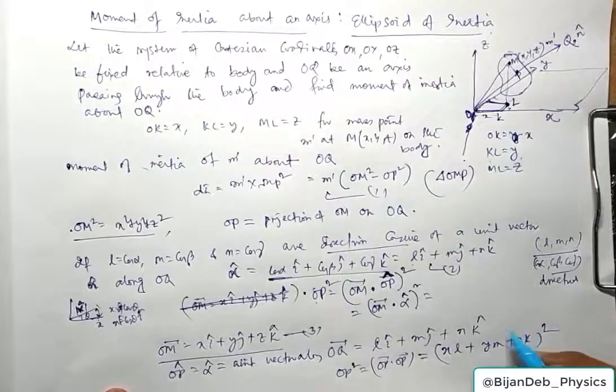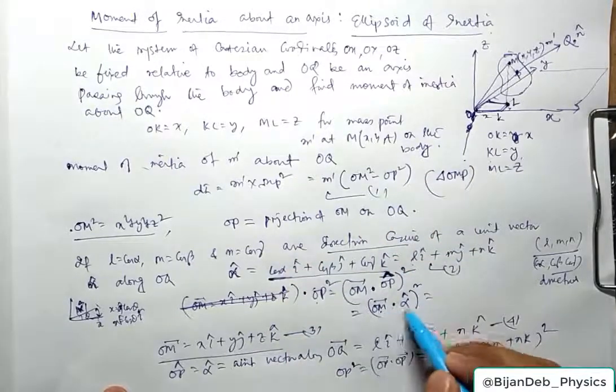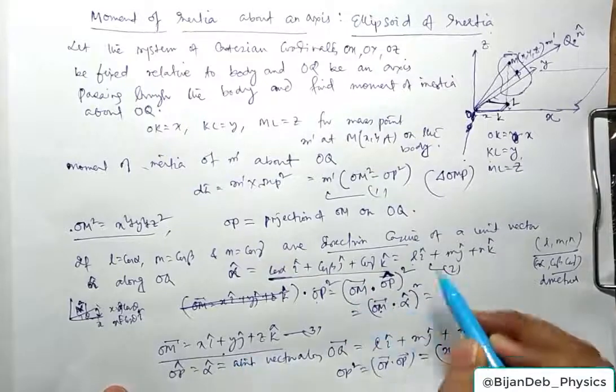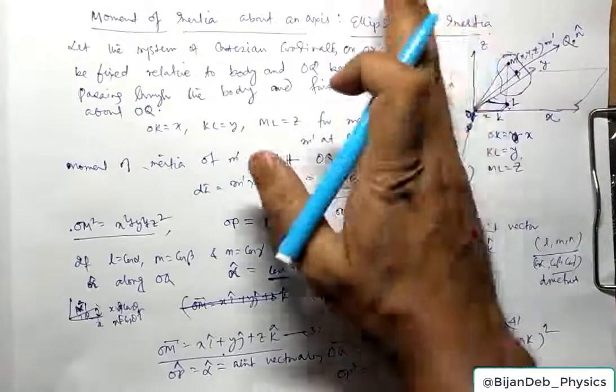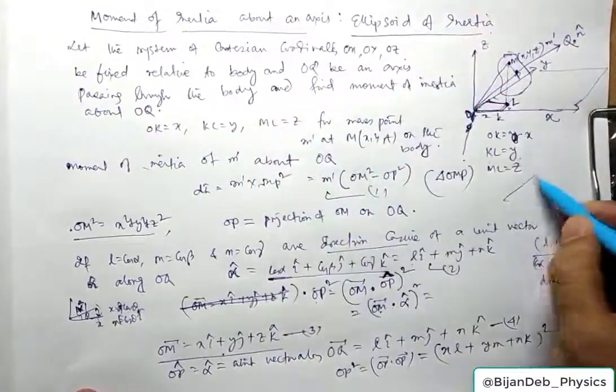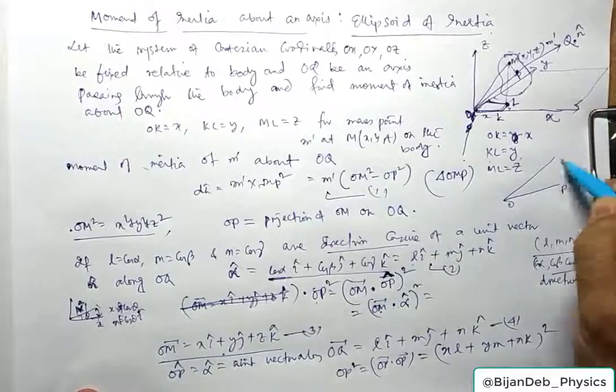Now you use all the equations. Now if you take the OM vector dot alpha cap, this will be OP. OP will be the projection of OM on OP. So you can make it clear. This is OP, along this direction we have alpha cap. This is OM. So I want to find MP square.